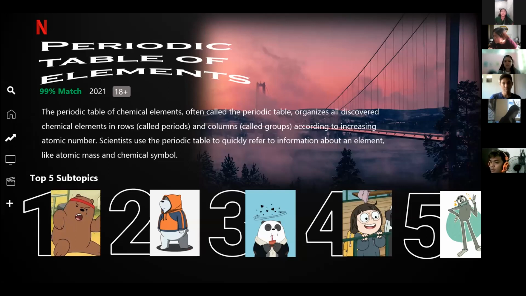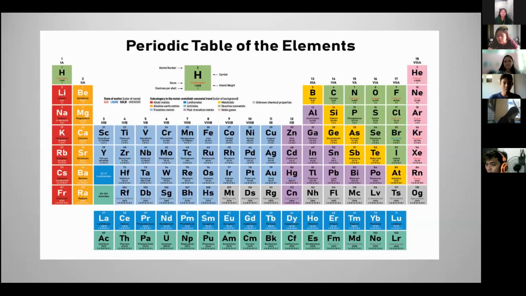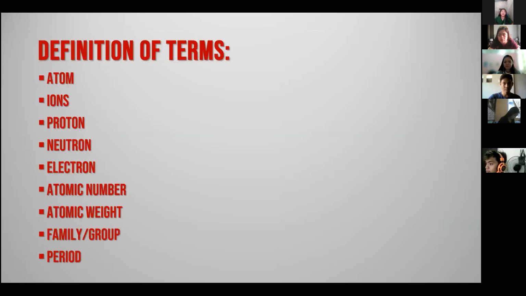Scientists use the periodic table to quickly refer to information about an element like atomic mass and chemical symbol. Next slide, please. This is our periodic table of elements, the modern periodic table of elements.